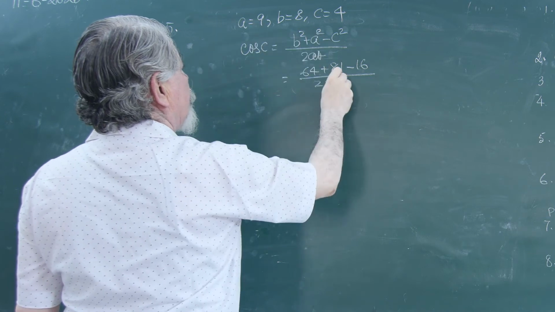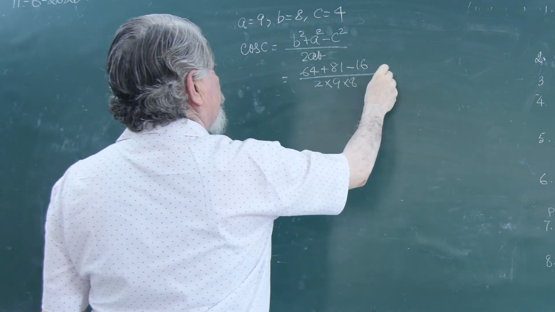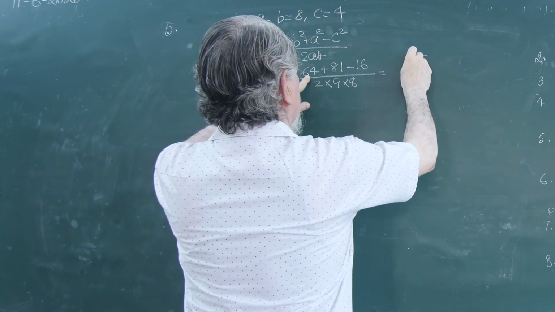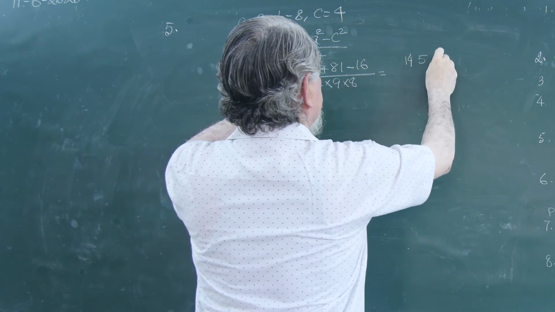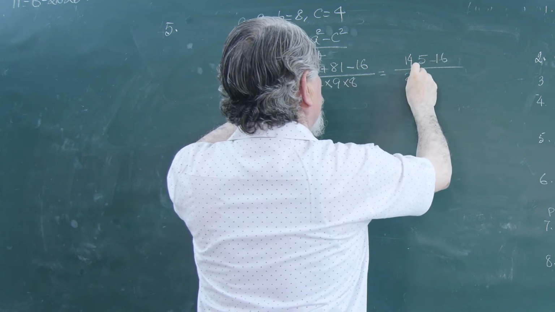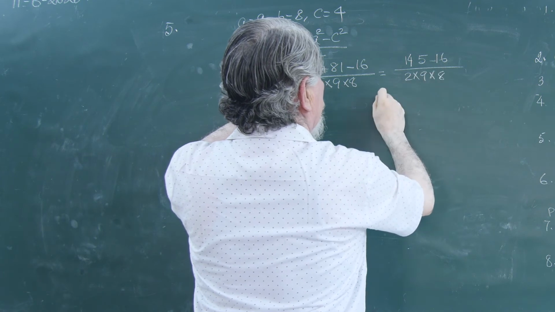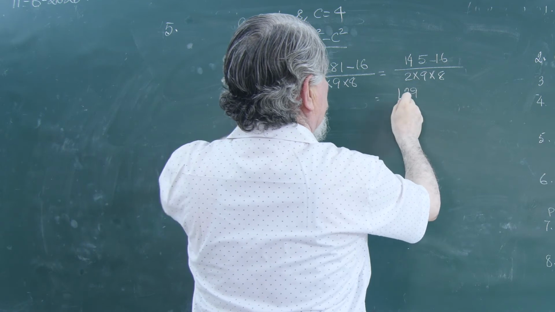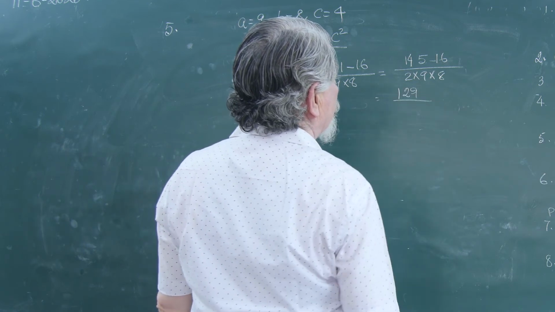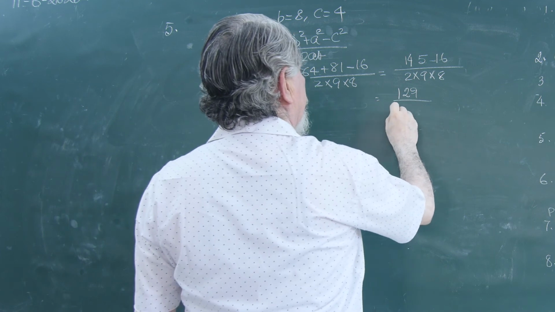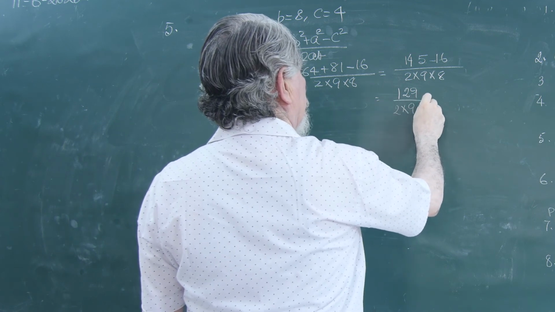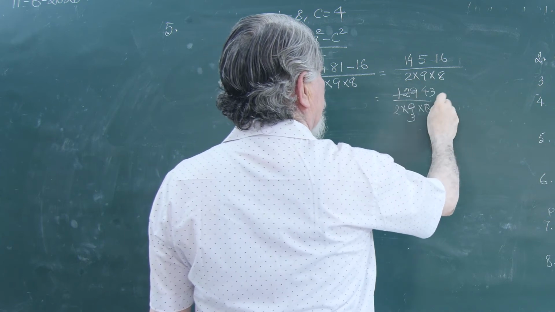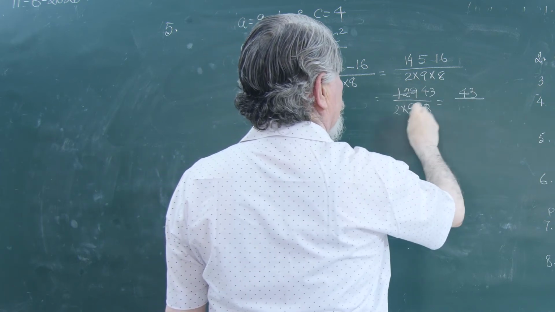A is 9, B is 8. 145 minus 16 upon 2 into 9 into 8. 129 upon, because 129 will cancel with 3 I think. 3 4s are 12, 3 3s are 9, 3 3s are 9. So 43 upon 48.